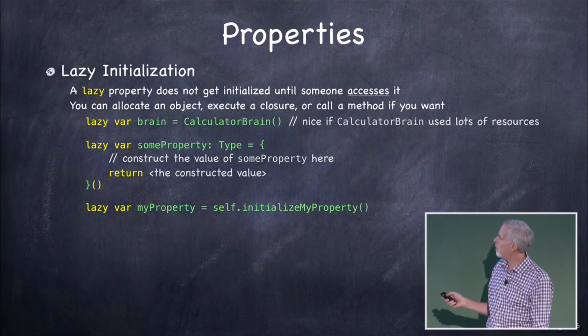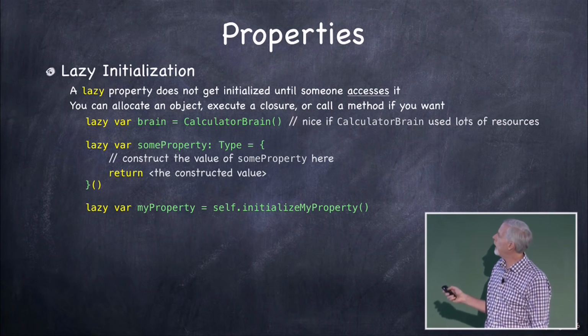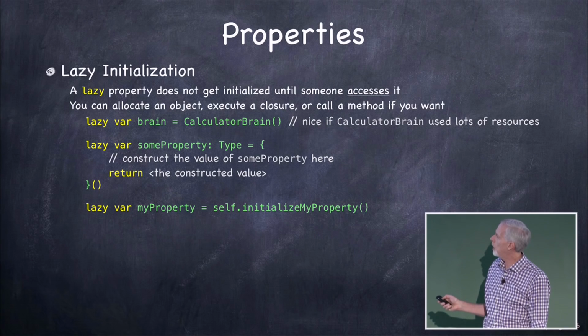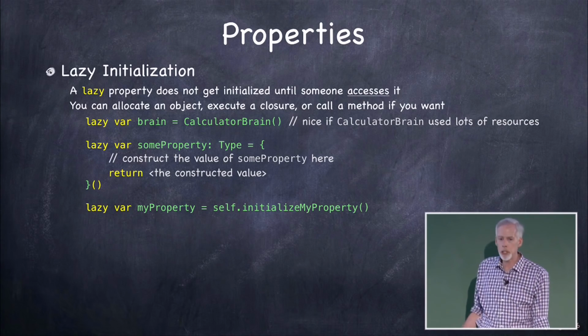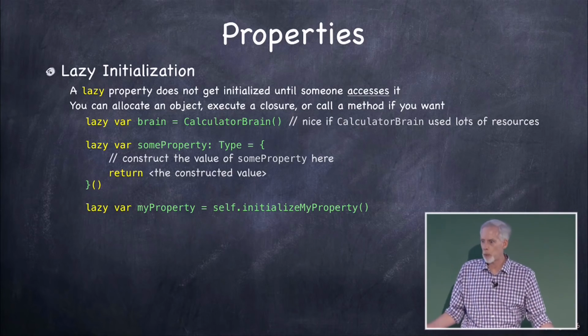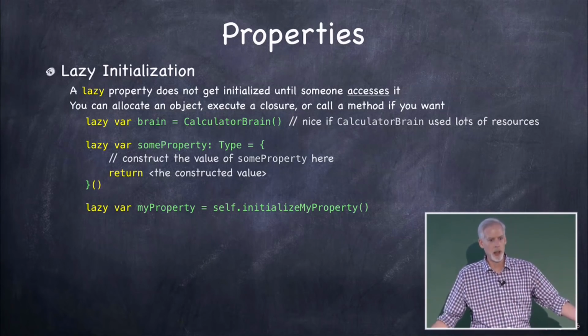Lazy var my property equals self.initialize my property. So I'm calling a method on myself to initialize one of my properties. Normally this would be illegal without the lazy. The reason is that you cannot send any messages to yourself or access any of your properties until you're fully initialized.